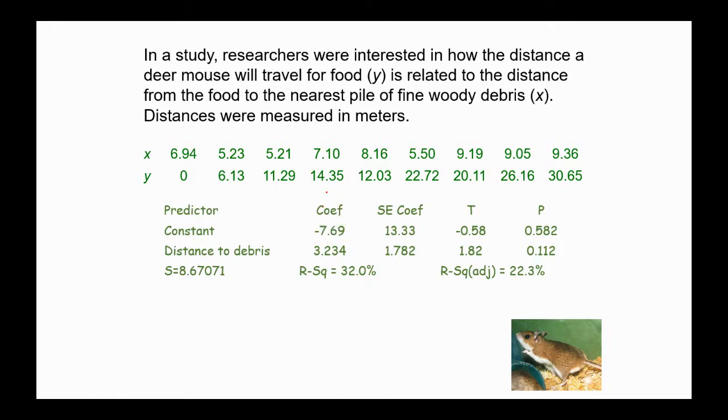So when you're reading this computerized output, if it says constant, that's your y-intercept. This 3.234, think of this as your x right here. So this would be our slope.